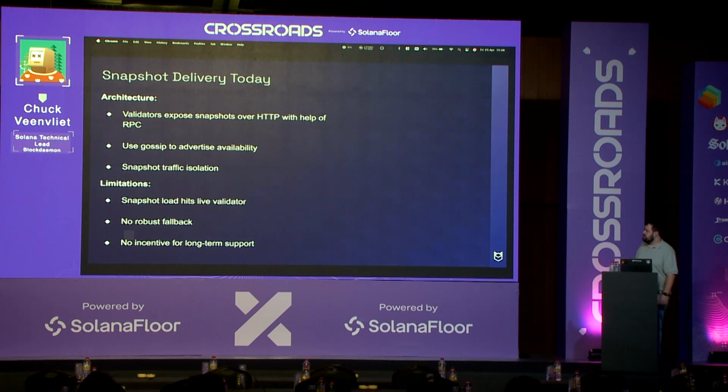The limitation is, well, the snapshot you download from a live validator or from a live RPC node can use its bandwidth for other stuff, probably something more useful than serving snapshots, right? So there is no incentive for anyone to actually allow snapshots to be downloaded from their validator.